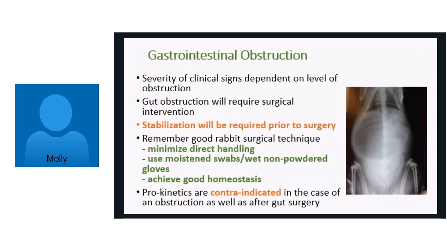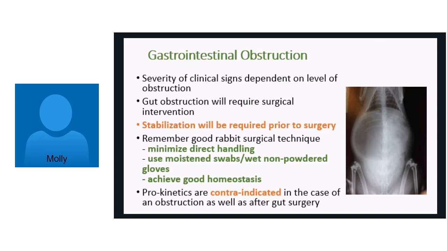So I want to go through various iterations again of gut motility dysfunction. And the biggest, most obvious concern is the gastrointestinal obstruction. Now, we've mentioned how to try and rule this in and draw this out, but what are the sequelae to this?